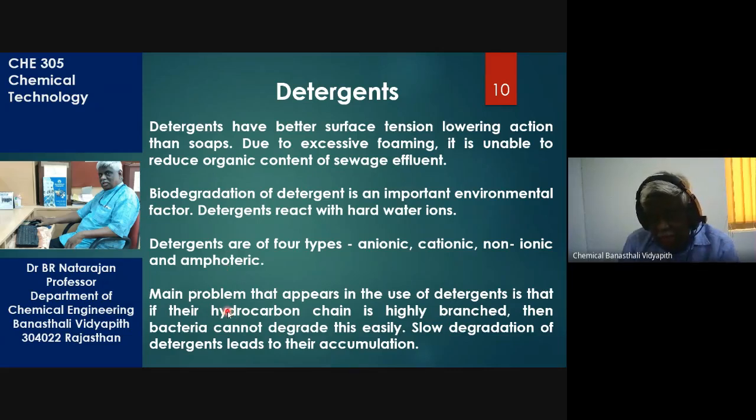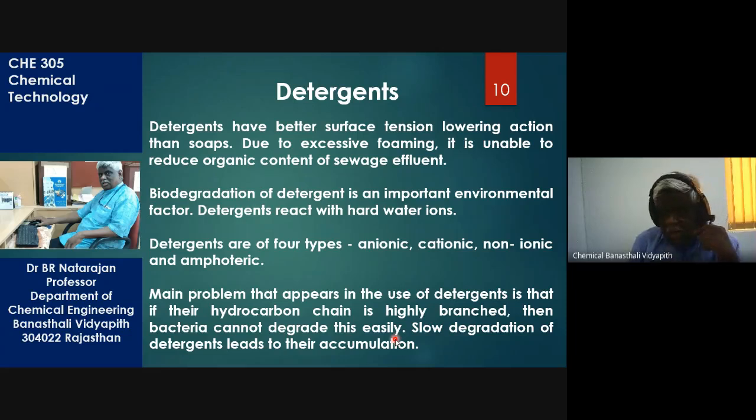So the main problem that appears in the use of detergents is that if their hydrocarbon chain is highly branched, then bacteria cannot degrade this easily. Point to be noted. Right? So in detergent, you have a very highly branched set of organic chemicals and bacteria finds it too difficult to attack the highly branched one.